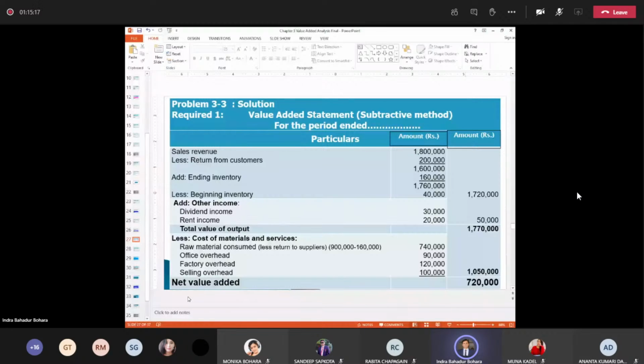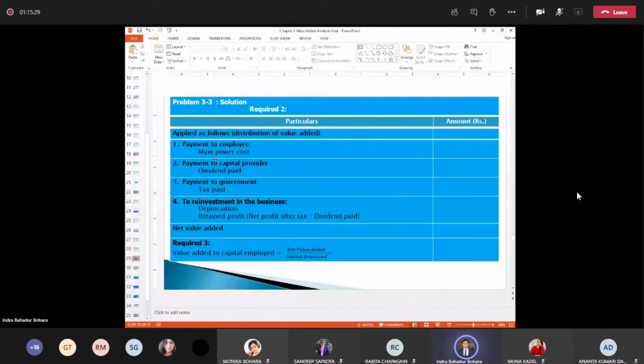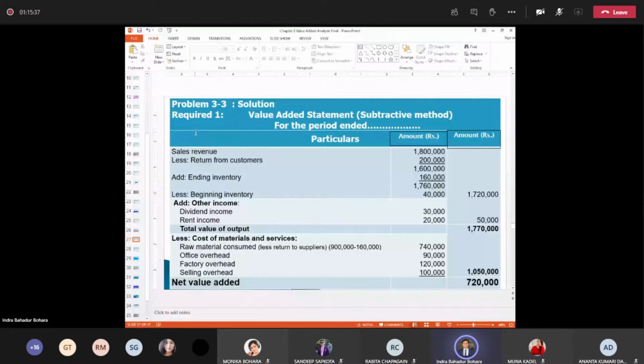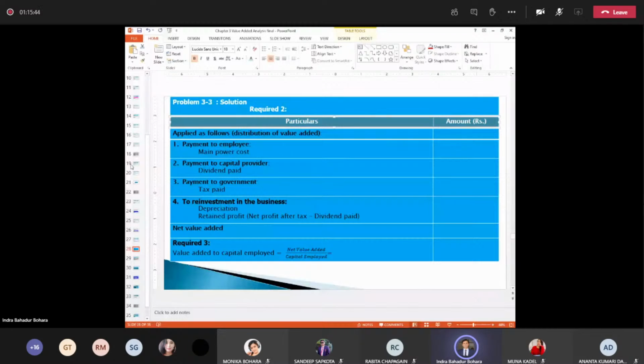Therefore just below the net value added, in the next line you write down distribution to or applied for. Not necessary to write the amount again, just show applied for.